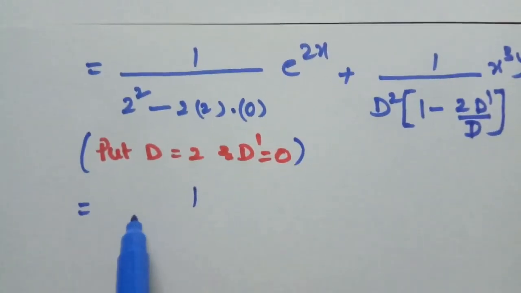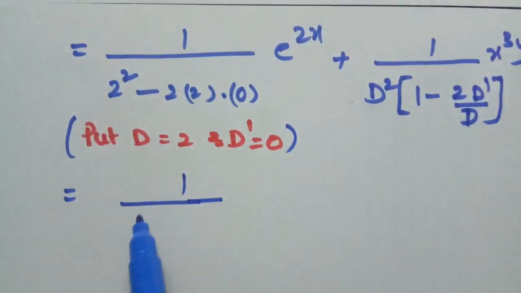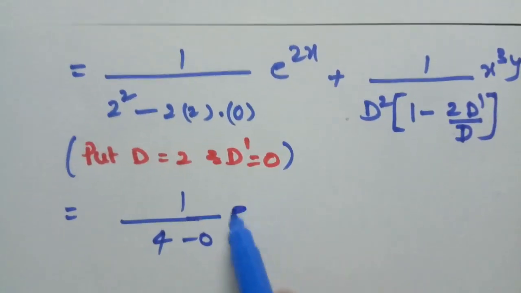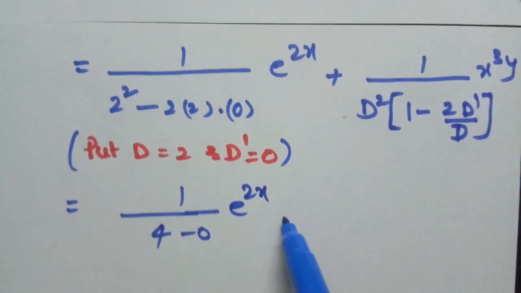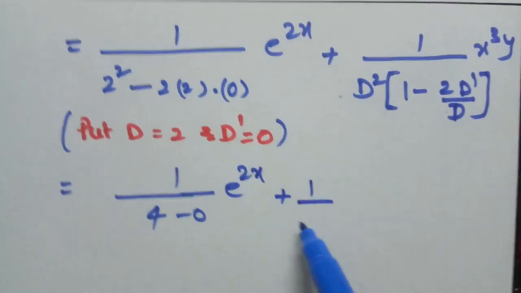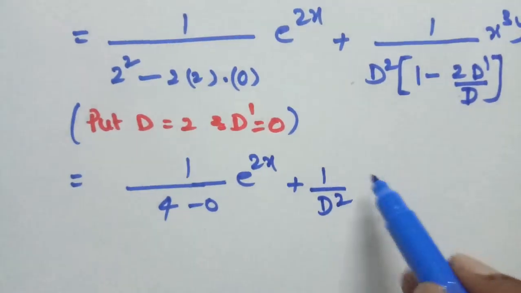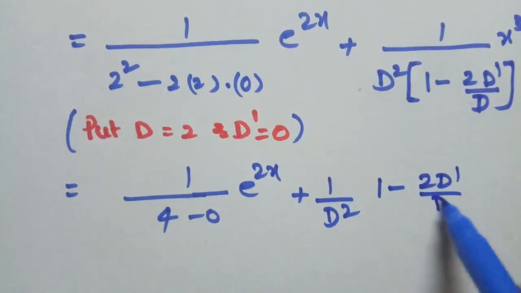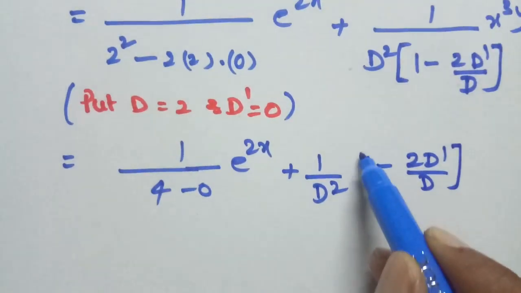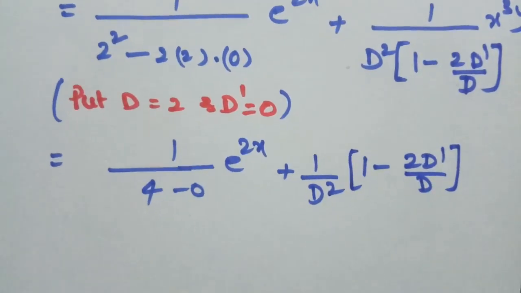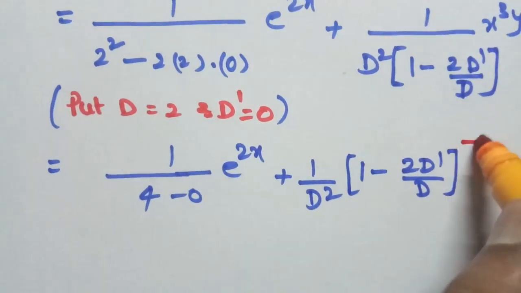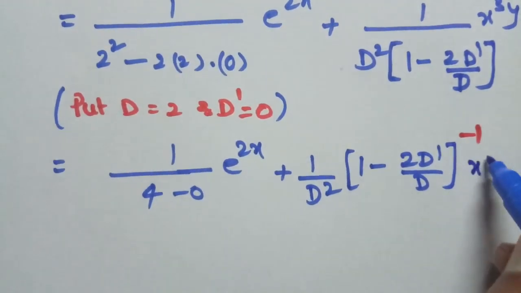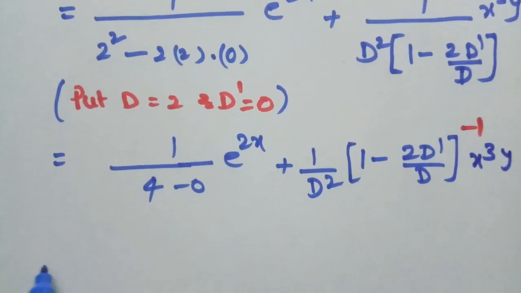Therefore 1 by 2 square, 4, minus 0 into e to the power of 2x, plus this can be written as 1 by D square into 1 minus 2D dash by D whole to the power of minus 1 into x cube into y.